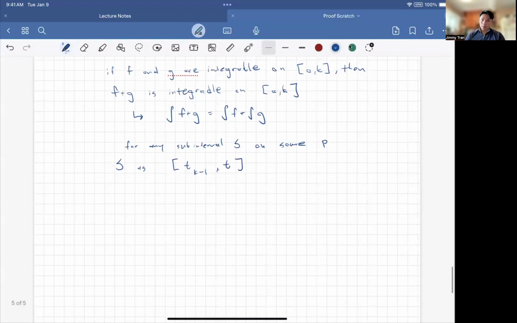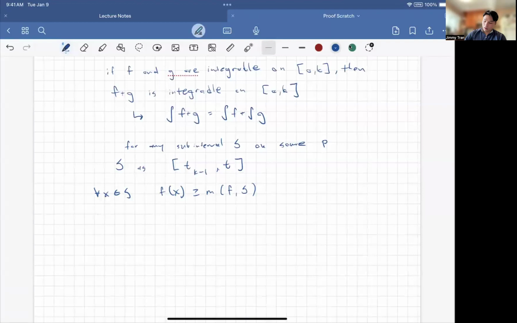And so now we can say that for all elements in this subinterval, the function value f of x, for input values of x in this subinterval S, is greater than or equal to the infimum of the function f over the subinterval S. And so this m of f over S simply is just the infimum of the function f over S. And likewise, we can say the same for function g.